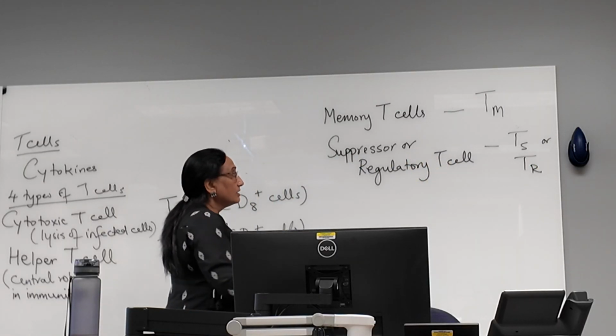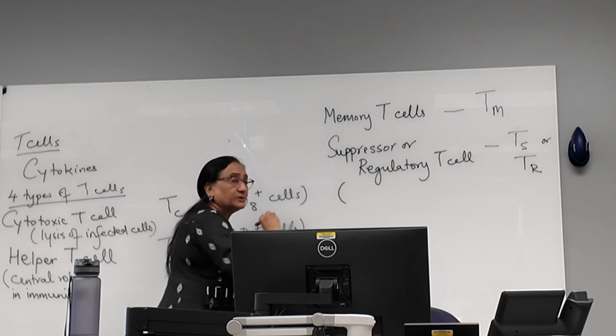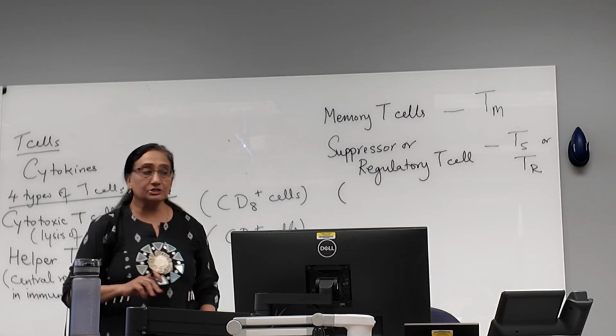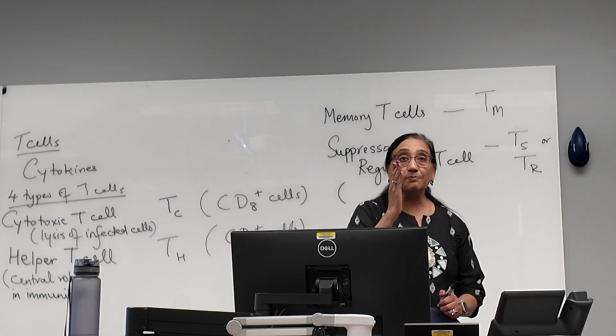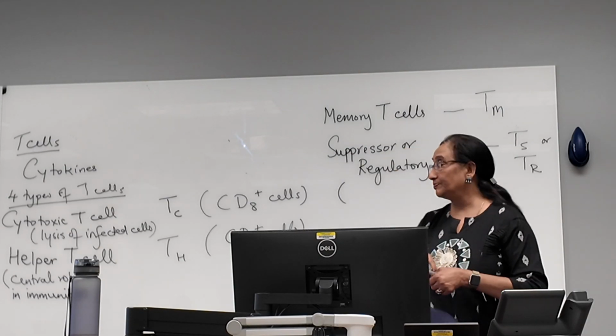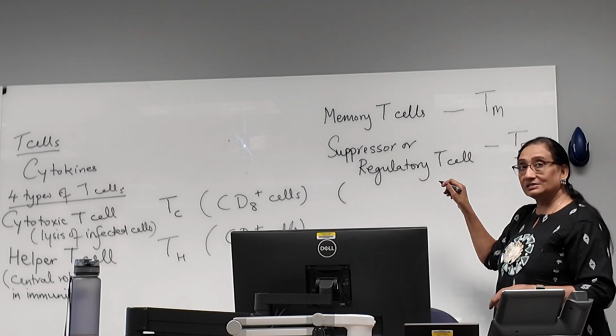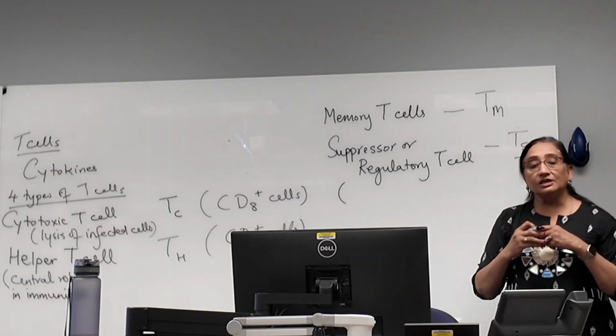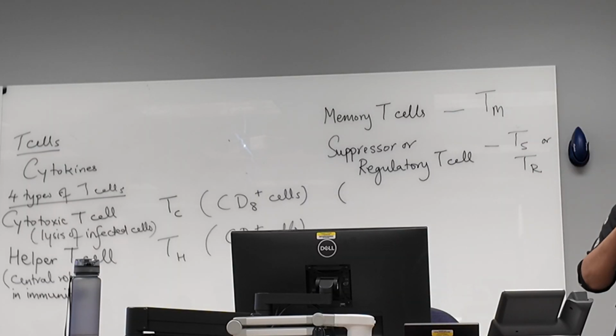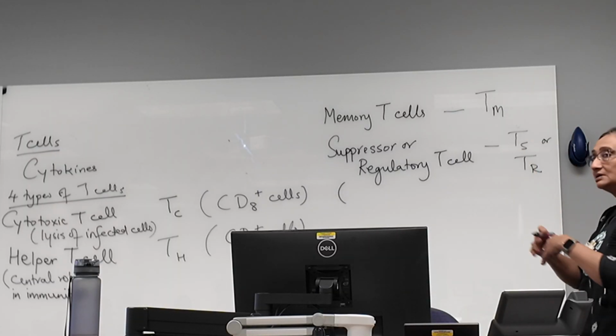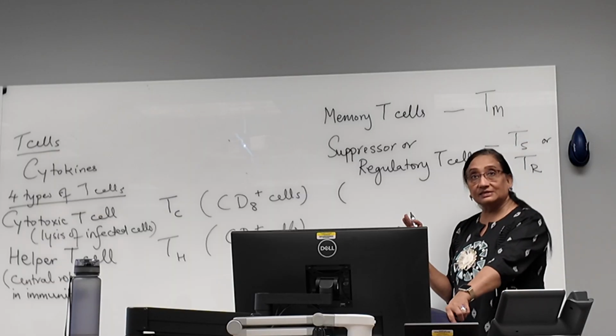Okay. Now the function of this suppressor or regulatory T cell is it's like a check and balance on the immune system. So these T cells will ensure that the immune system doesn't get overexcited and start destroying normal cells.